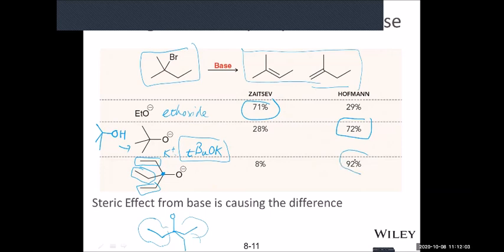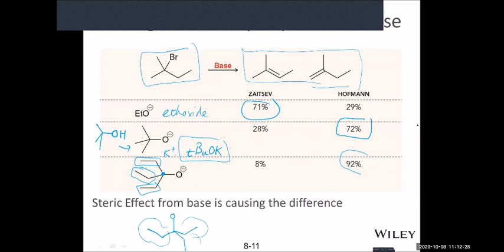The ratio is even more interesting. So this is regioselectivity based on the base: what kind of base did you use? We need to remember this. Whenever you see tert-butoxide, the preferred product is the Hofmann elimination, where you get the alkene with fewer substituents.